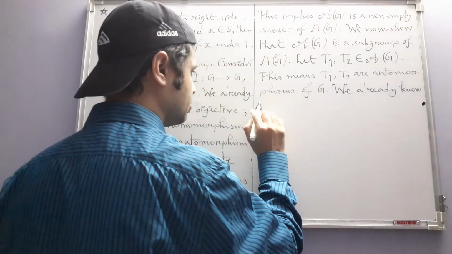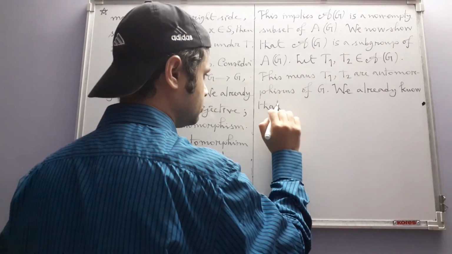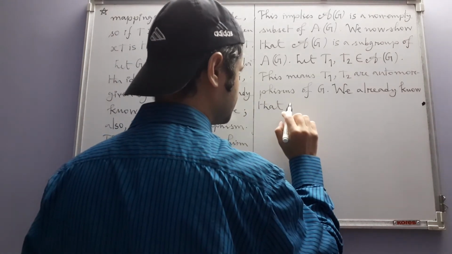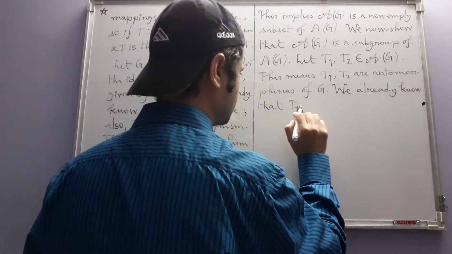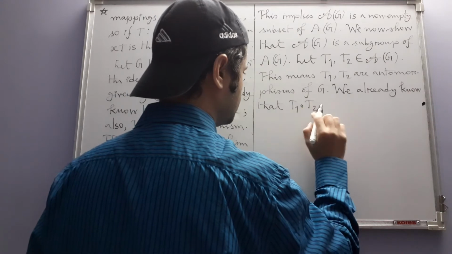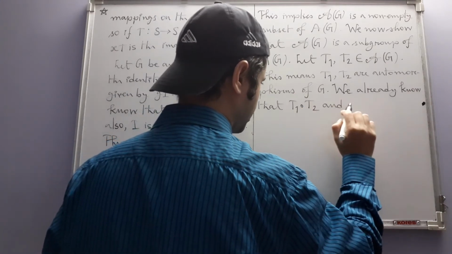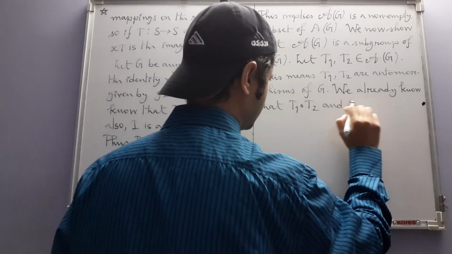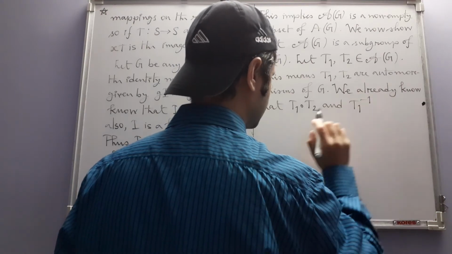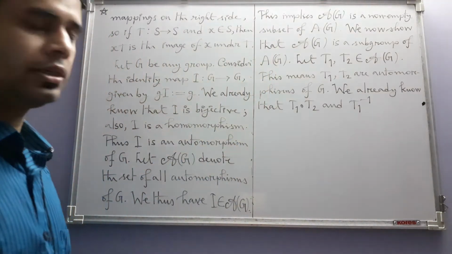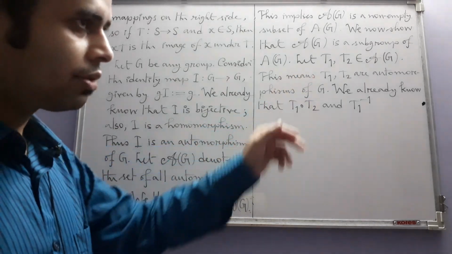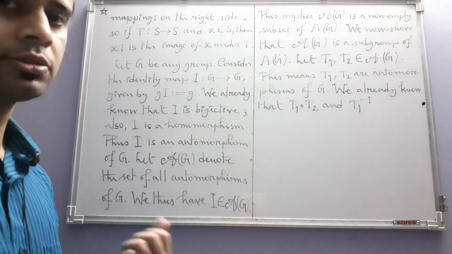We already know that T1 composition T2 and T1 inverse, not just that the composition is a bijection, but the inverse of a bijection is also a bijection.